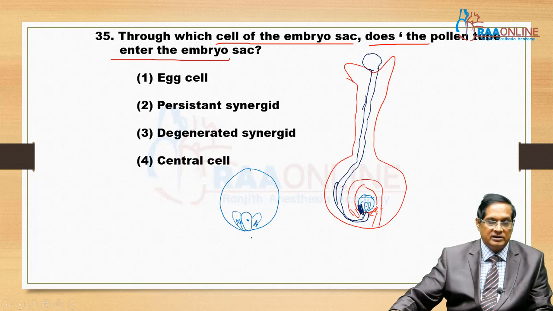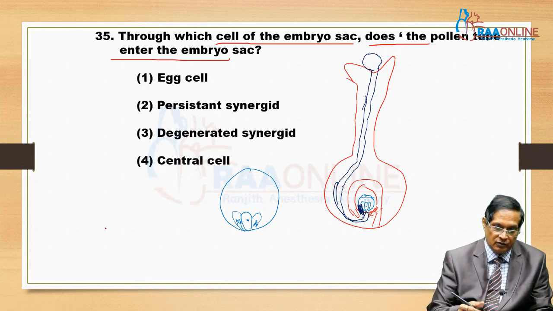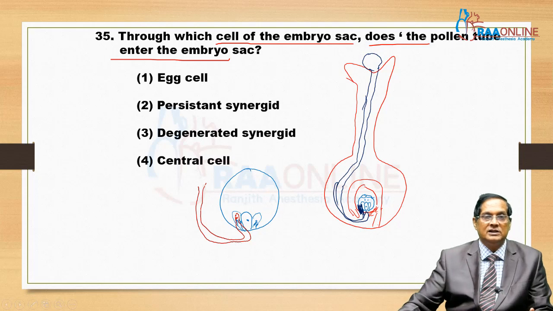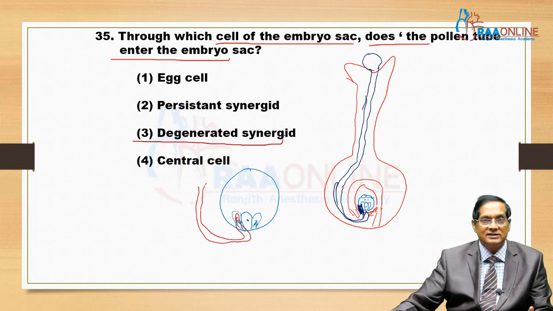The pollen tube enters the ovule through the integument, and enters through one of the synergids. That's why the answer is now quite clear: the degenerated synergid.